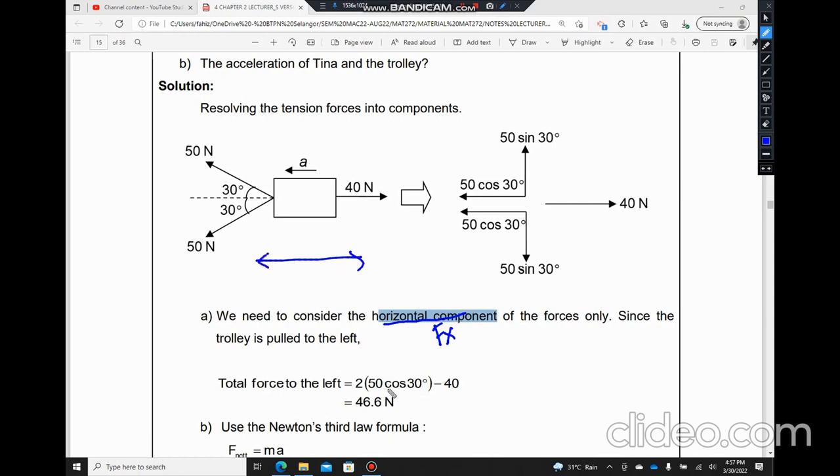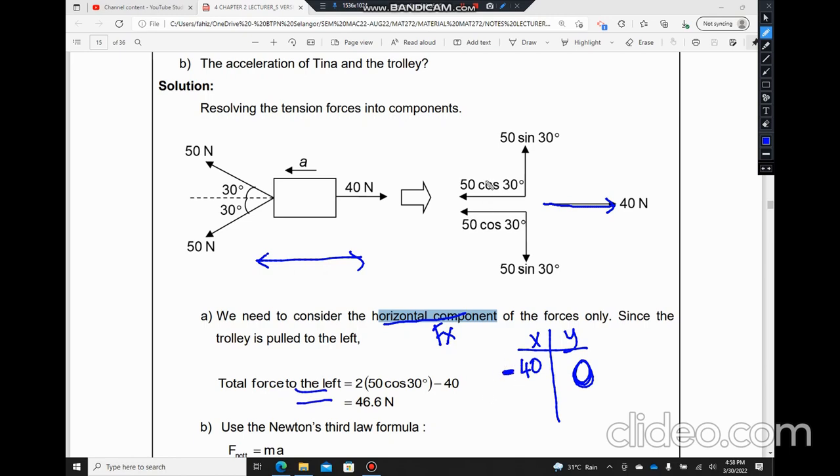Okay, so katakan yang ni x dengan y, saya pecahkan komponen y kosong lah sebab dia tak ada ke atas bawah kan. Okay, so untuk x, bila dia bawa ke sini, ke kanan ni, so dia akan jadi 40 ni. Sebab apa dia ni? Sebab total force to the left. Sebab dia tolak ke kiri, so dia akan jadi negatif kat sini.